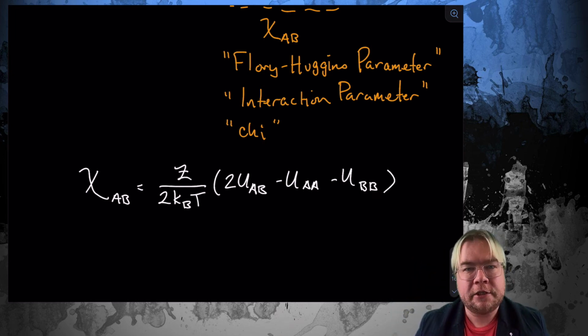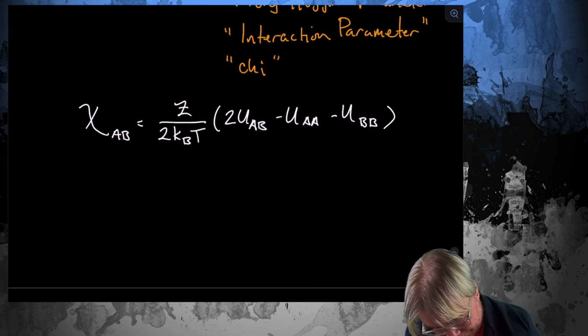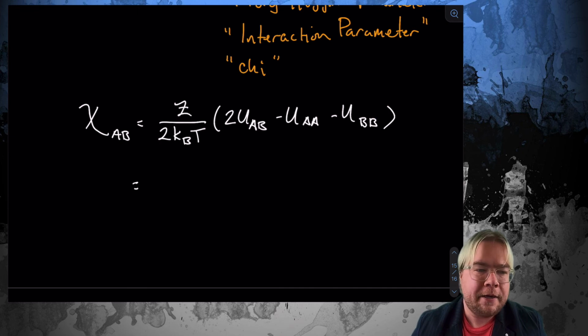And I can also write it a different way. I can split up that 2 UAB into two different terms. And I could also write this in a different way that allows you to see maybe the connection between what I'm talking about here and what I was referring to in the previous video when I was saying that there's no preferential interactions between the species if I'm only considering the entropic component.